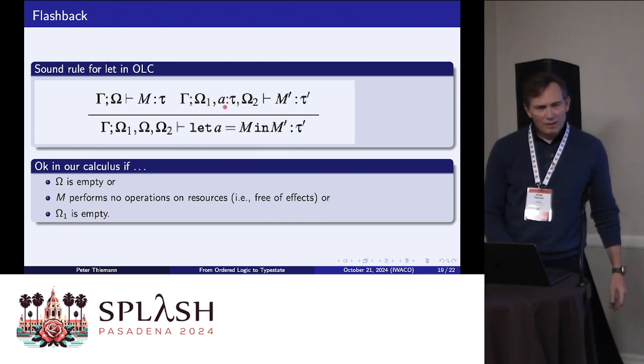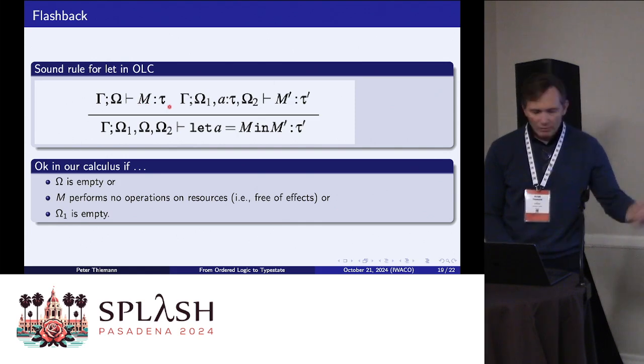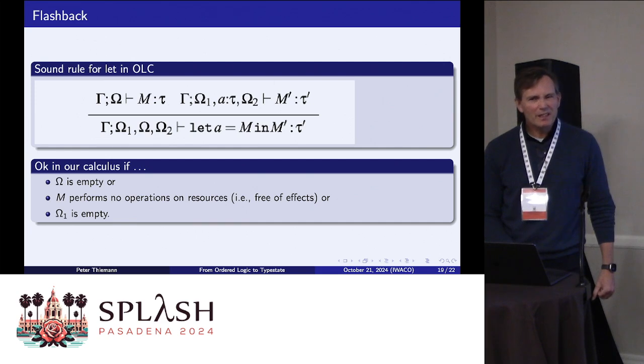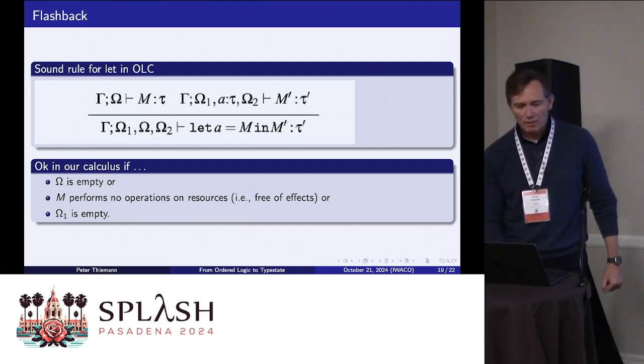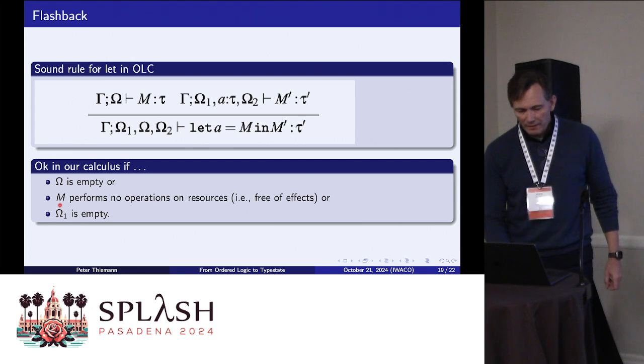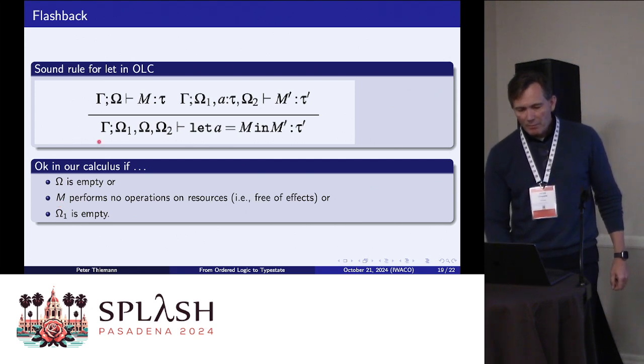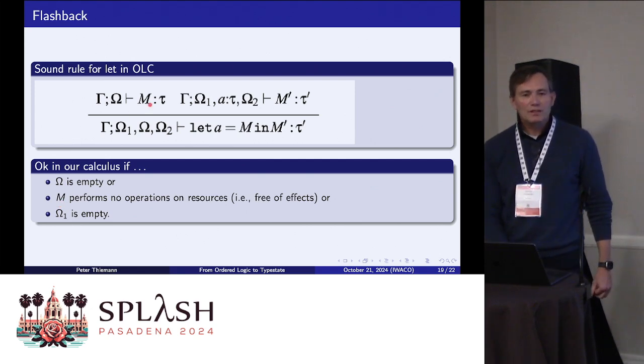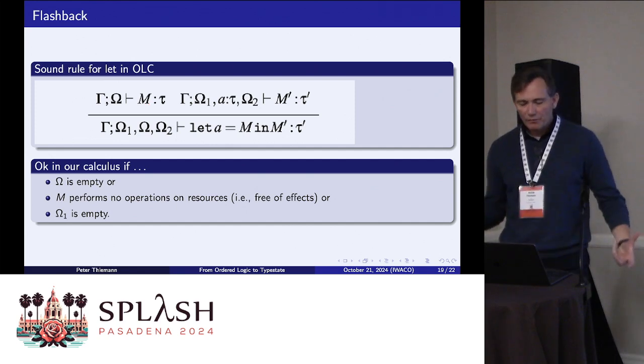But I wouldn't want to do that, because if I return resources here, they are independent of anything that I had before, so I could actually put them in parallel. So I would use the other context former. The other alternative would be if M here performs no operations on resources, so you could say it's free of effects.